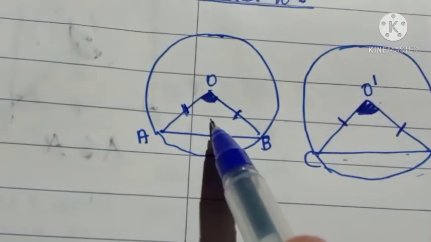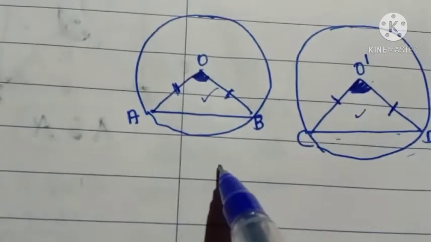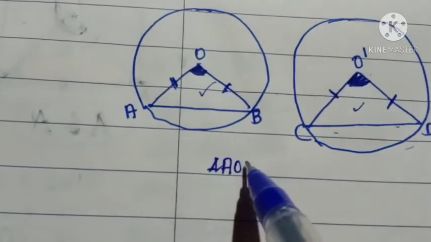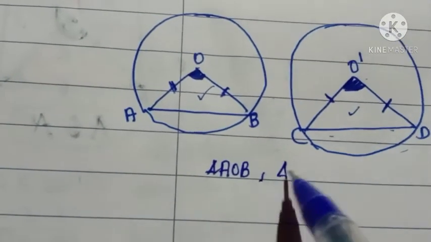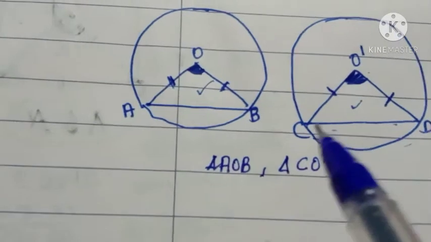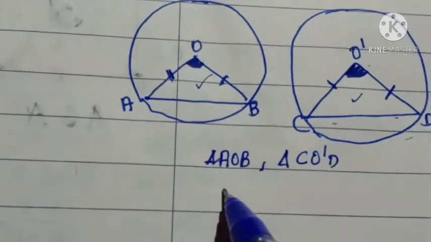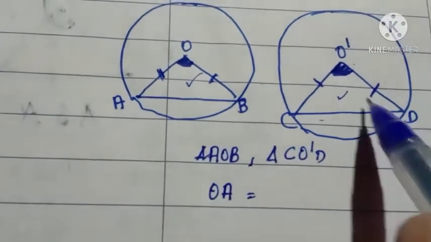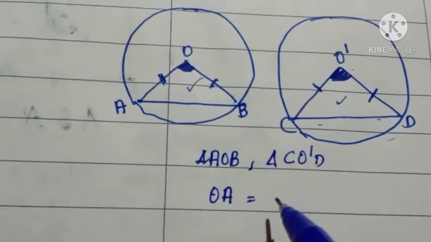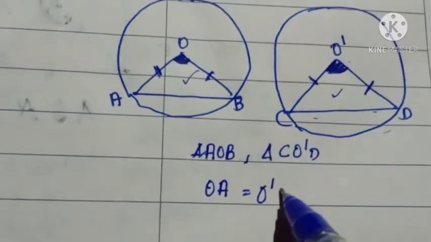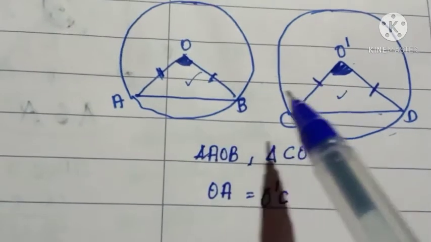For this, let us consider these two triangles, triangle AOB and triangle CO dash D. In triangle OAB, OA is equal to, in triangle CO dash D, O dash C, because radii are equal.